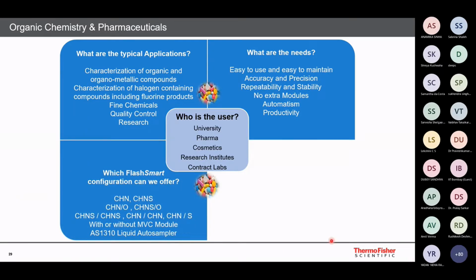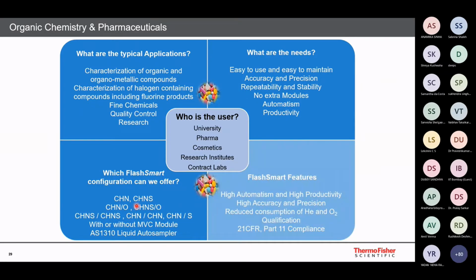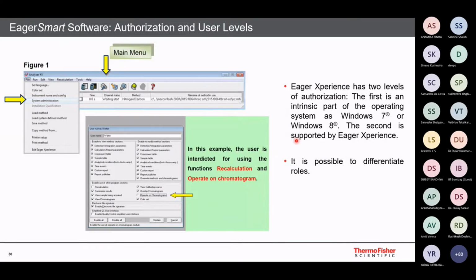And there are different modules. CHNSO is the basic model, but if the customer requires only CHNS, that is also possible, or CHN. Again, CHN and CHNS, only NC soil, and a protein analyzer are also there. So FlashSmart offers high automation and high productivity, with accurate and precise results. No doubt, for pharma customers, 21 CFR Part 11 compliance is also required. In the software it is already there.